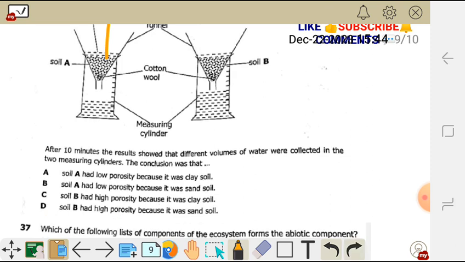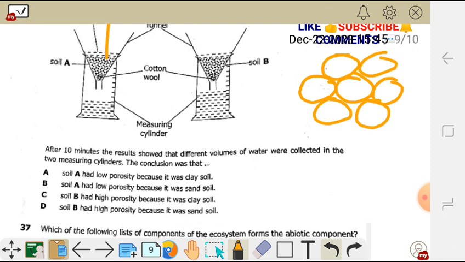So we have sand soil, they are bigger in size like this. Those particles of sand soil are very large in size. Now those spaces they are forming there, that is what we call porosity. Since they are big in size, the pores which they form are also big. Hence we are going to observe that the water being poured here is going to be permeable.